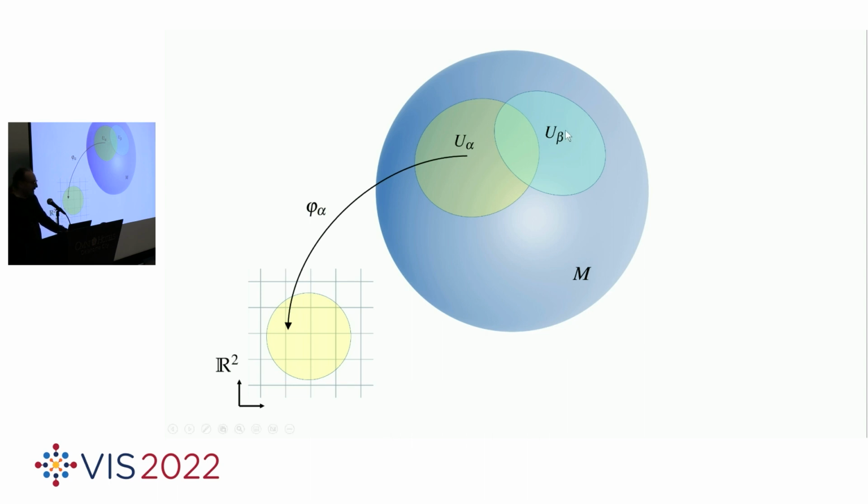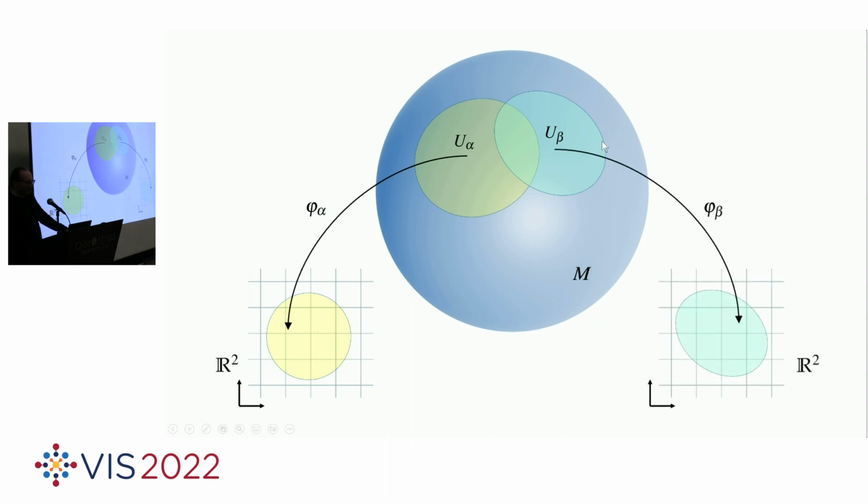So you need at least 2 charts, but each one of these charts is now such a coordinate function, and it just maps this 2-dimensional region to a 2-dimensional part of R2. And another coordinate function would map this region on the manifold to this part of R2. So what you want is to be able to compute here or here, but everywhere it should do the correct thing, especially in this overlap where these charts overlap. And then at these positions you would also have tangent spaces.